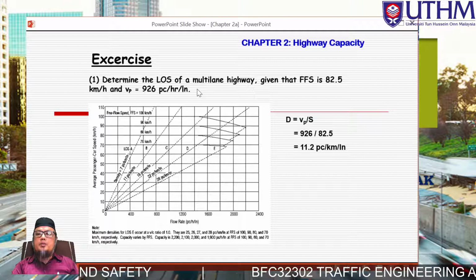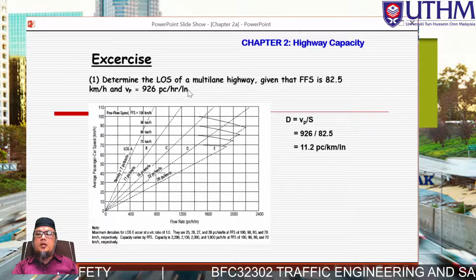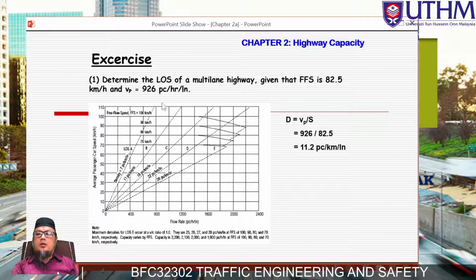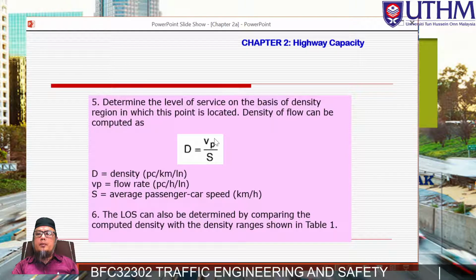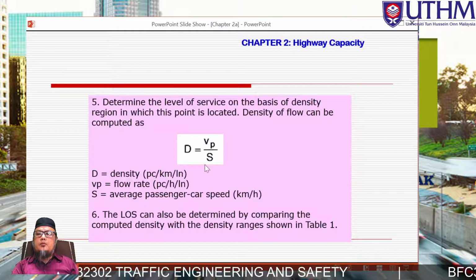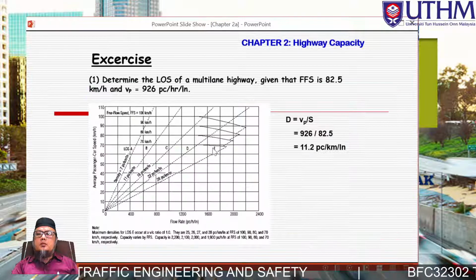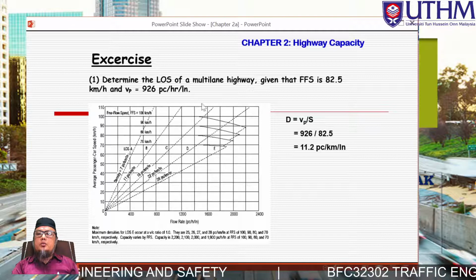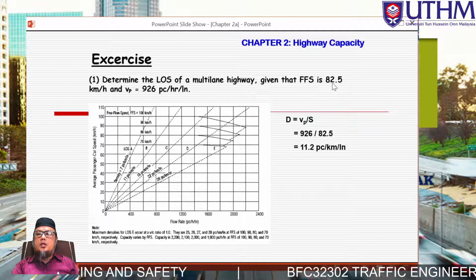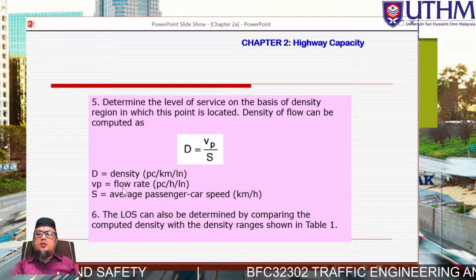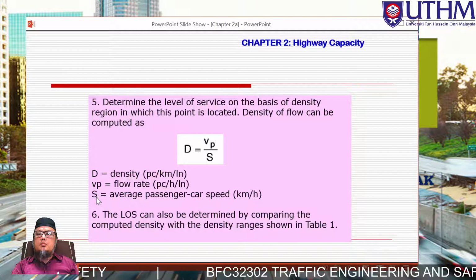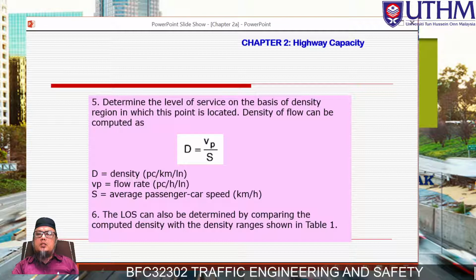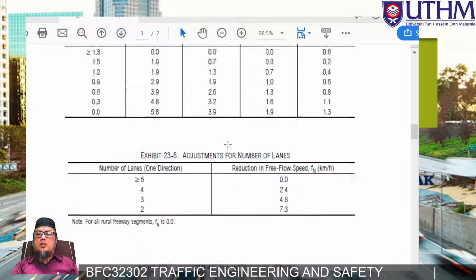So we calculate per direction; that's why we have per lane here. To calculate density, it is VP over S. Here we have 926 for VP, and S is similar to FFS, but there are conditions.